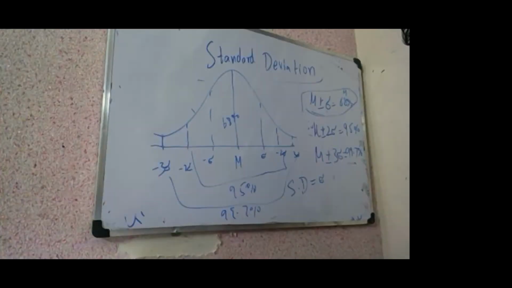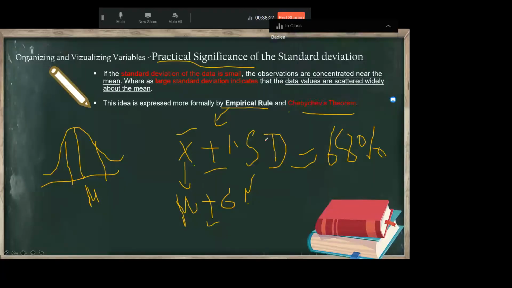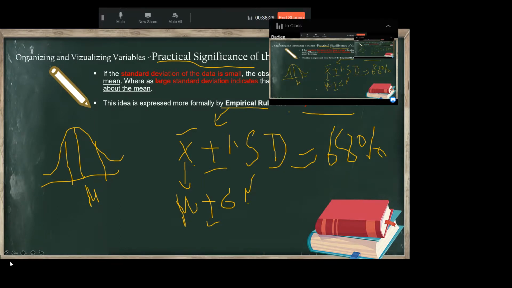So remember, this rule is true only if it is symmetrical. If it's not symmetrical, then we have to see Chebyshev's theorem, that is, how to calculate different ranges. Now let's see it through an example. I can draw multiple conclusions from this. For example, take the height. If you see the screen, you will know what I'm talking about.